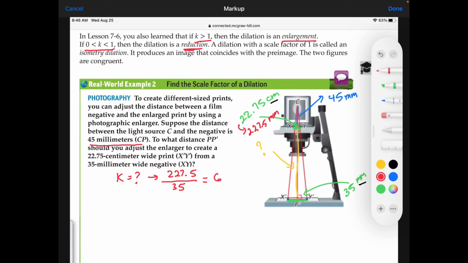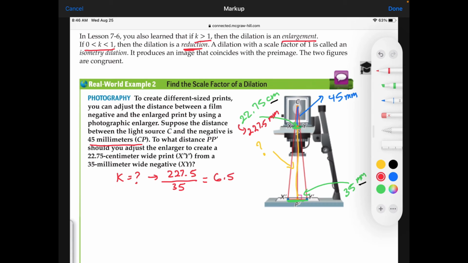Once we divide this, we get 6.5. So my scale factor is 6.5. So they got larger, right? By 6.5. That's how much bigger we want it to be. We went from 227.5 millimeters to 35 millimeters, and that means we want to make it 6.5 units larger.